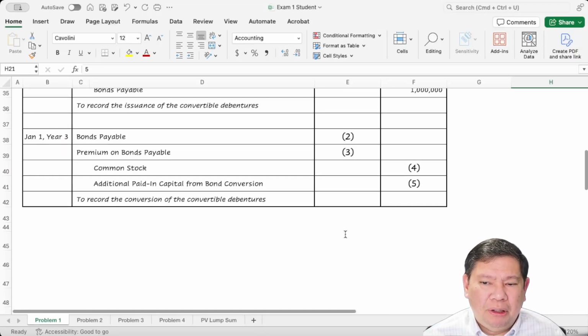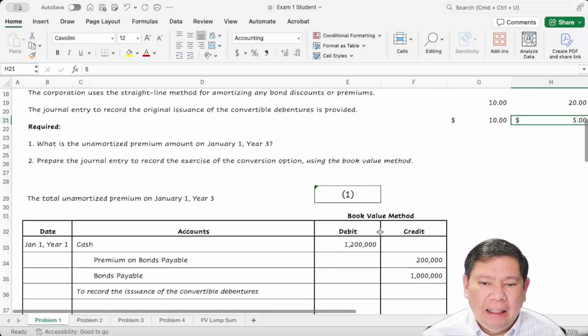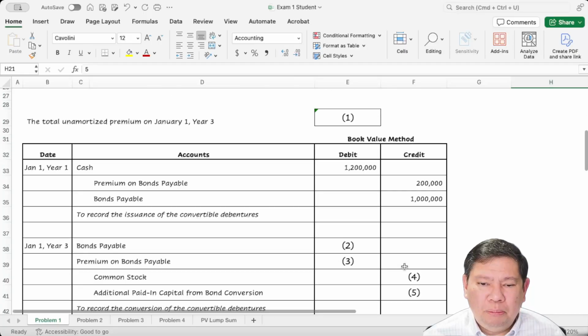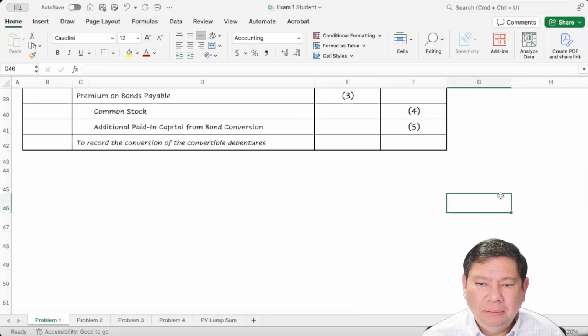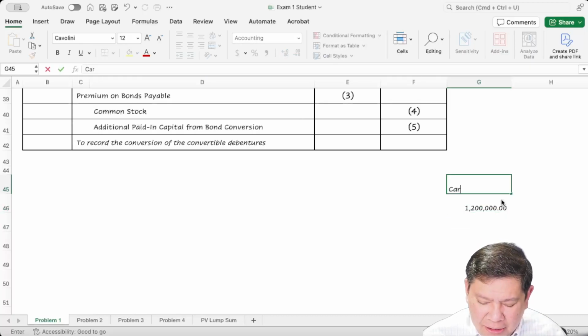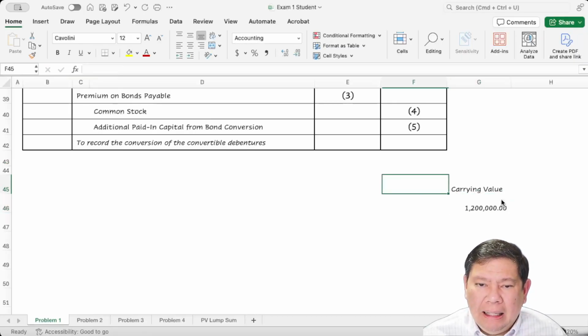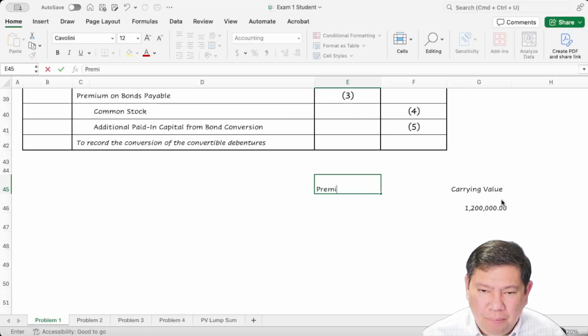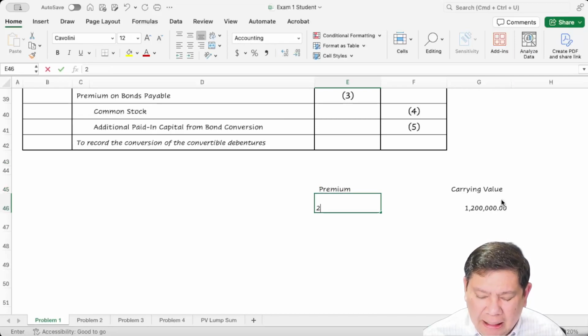First, we need to amortize the bonds from 1.2 million. So that's the carrying value, and the premium is 200,000.